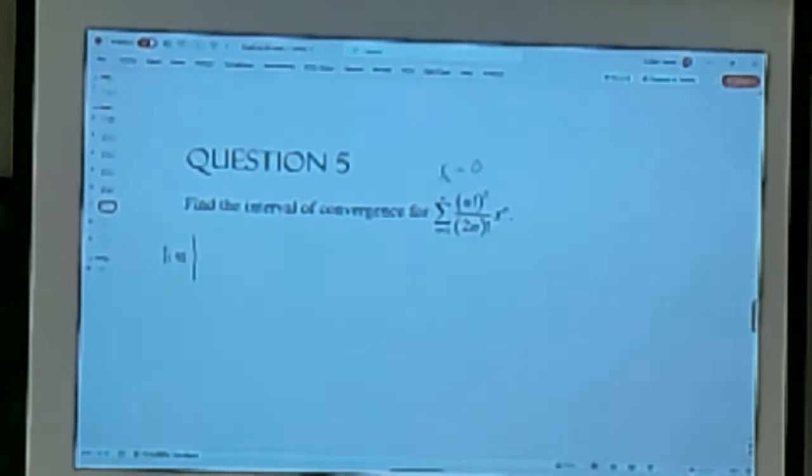It would be n plus 1 factorial, squared, over 2 to the quantity 2 times the quantity n plus 1, all factorial.